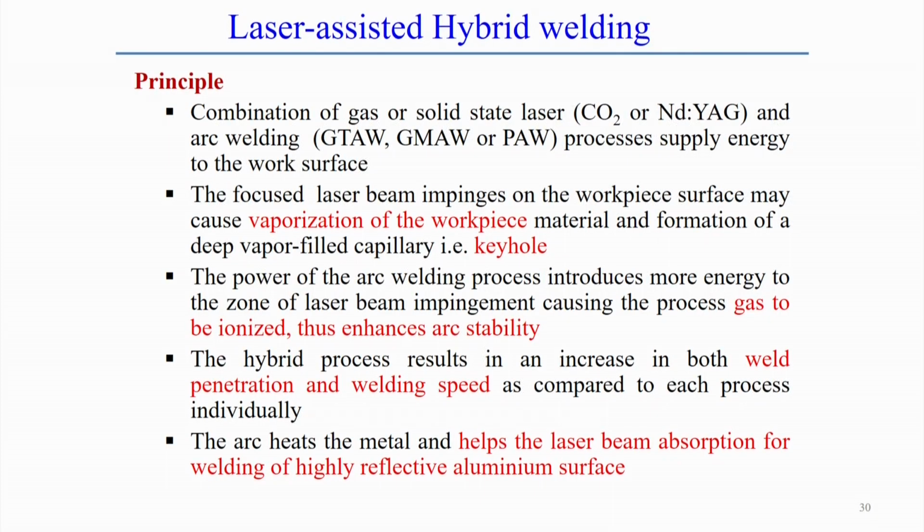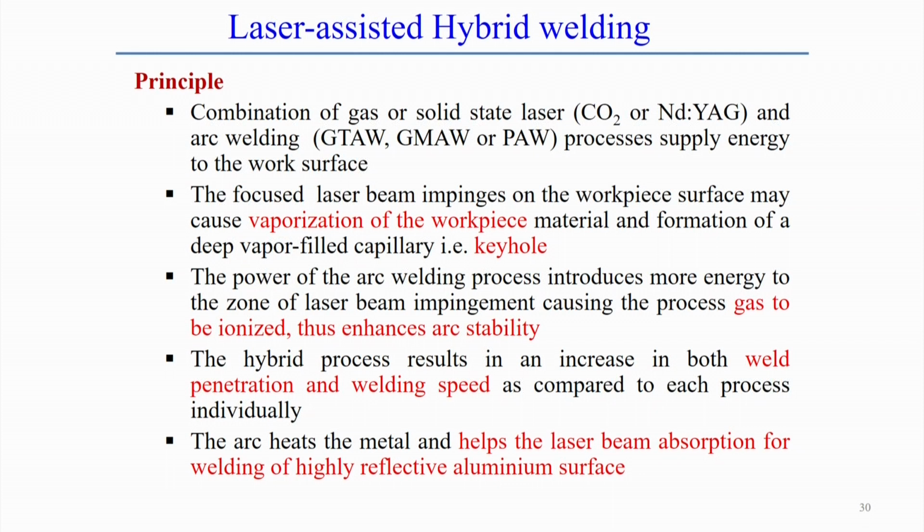For example, gas tungsten arc welding and plasma arc welding are used without any material addition, but in gas metal arc welding there is some material addition along with the laser welding process. So when we consider material addition, the process becomes more complex.